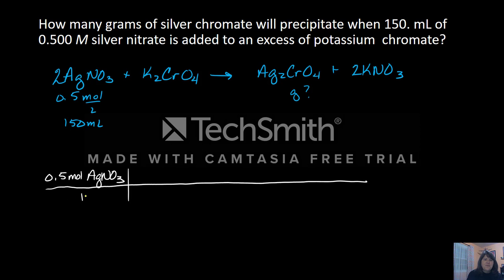In 1 liter. I'm going to go ahead and convert this to 0.15 liters. I know that there's 2 moles of silver nitrate for every 1 mole of silver chromate.